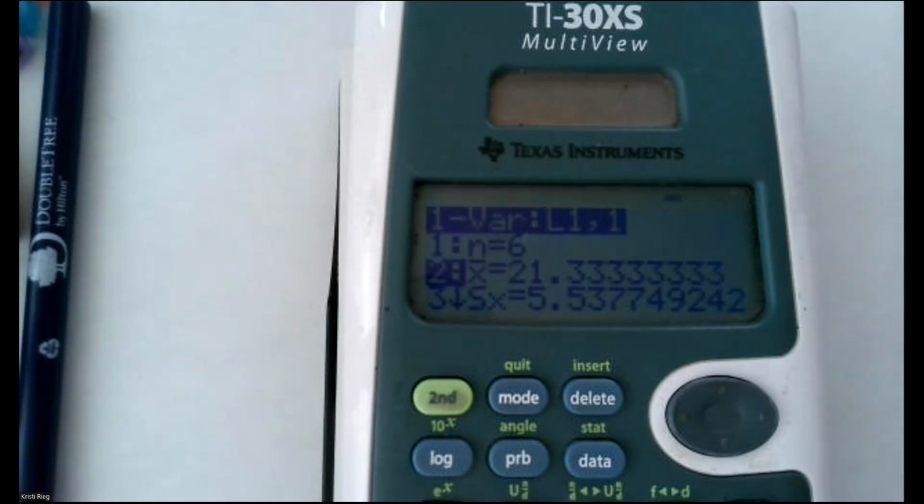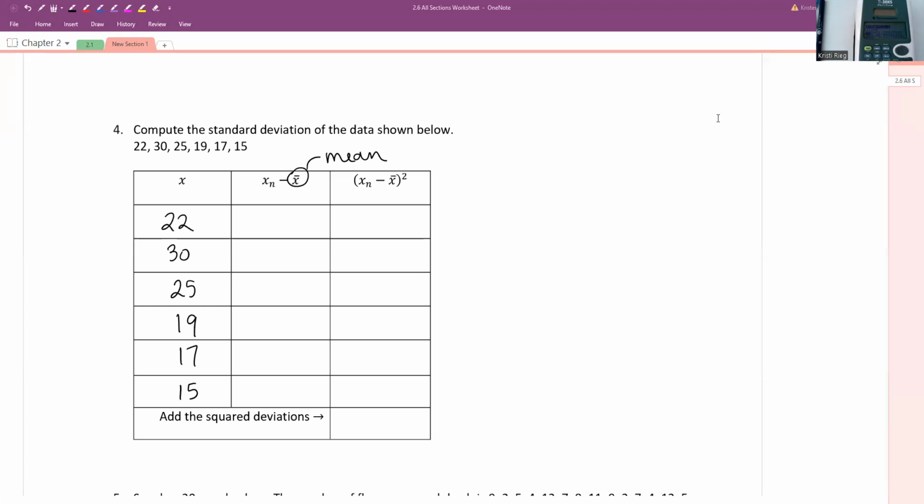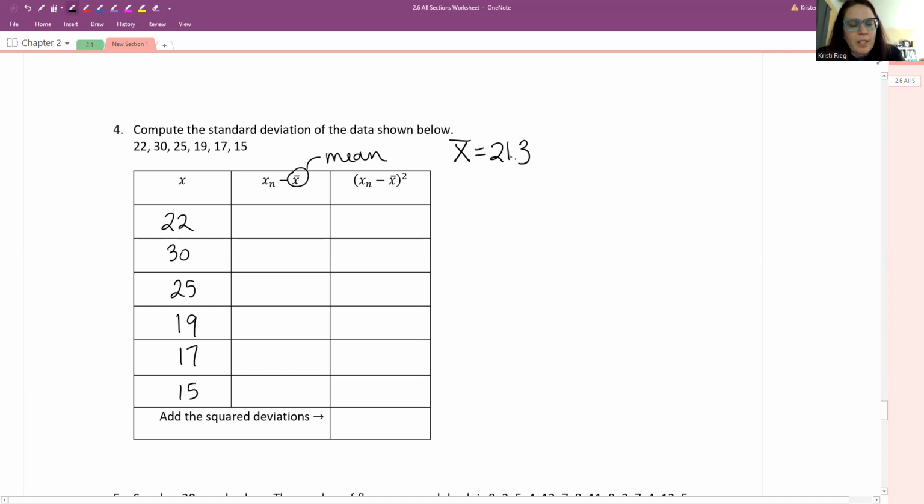So going back to our page, 21.3 is our mean. And so for all of these, we're going to do the number minus 21.3.